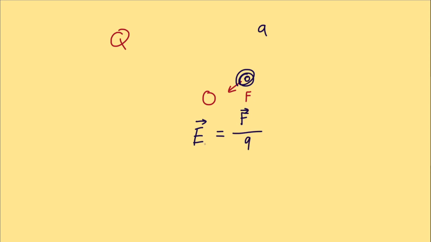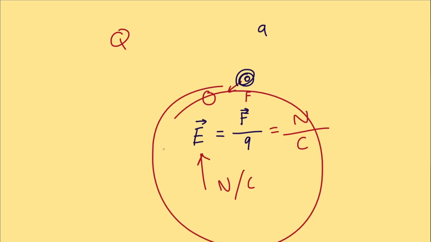What this means is the electric field is simply force per unit of charge. The units of this value E: since force is in newtons and charge is in coulombs, E is in newtons per coulomb. This is on the free cheat sheet in the description.